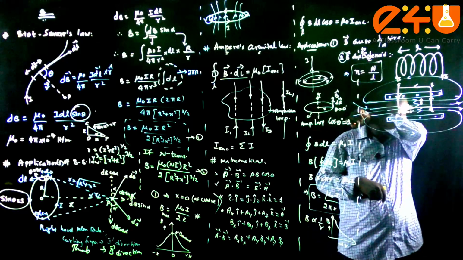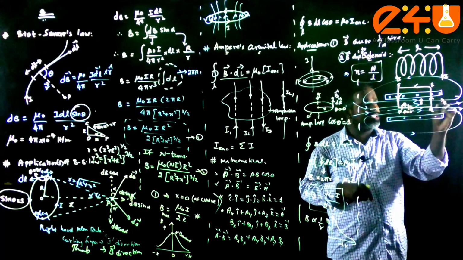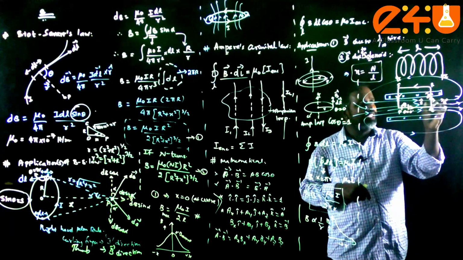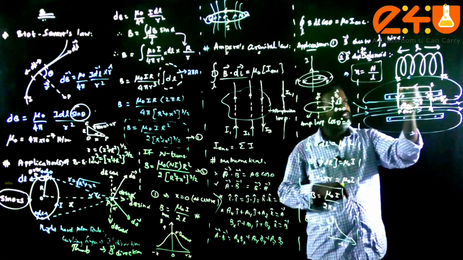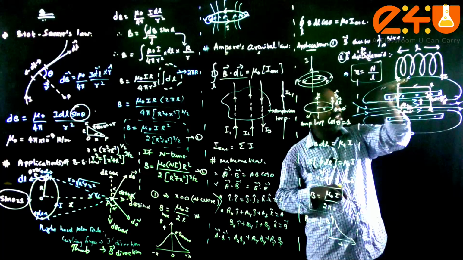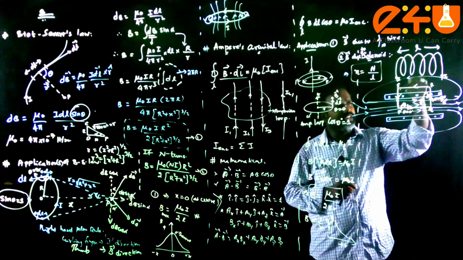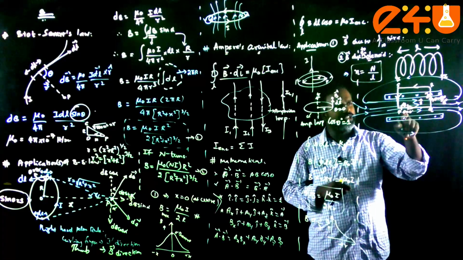But in the case of the segment Q and R, B is horizontal. This is your B vector and the dl vector is in the upward direction. Therefore, theta will be 90. Here the dl direction is upward and the magnetic field is like this. Even though theta may be a non-zero value, cos 90 is 0 but cos 0 is 1.